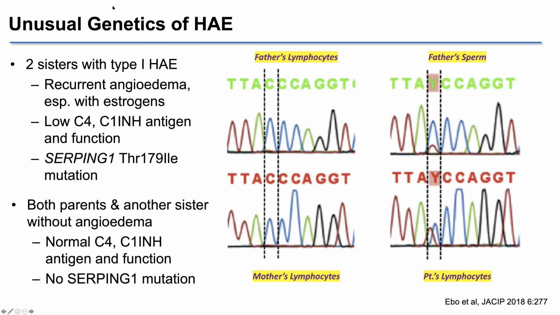And lo and behold, some of his sperm had the mutant sequence, while the majority of his sperm had the wild type or the normal sequence. So this was an example of mosaicism affecting the father's sperm. And that's why the two sisters just happened to get sperm that contained the mutation.